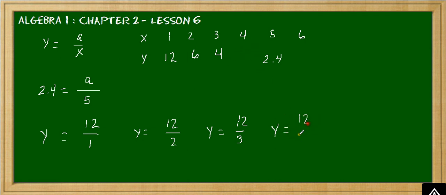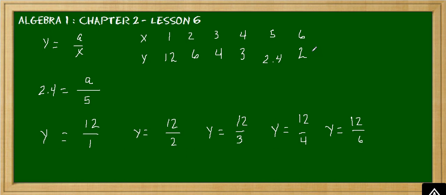So we have 12 divided by 4, which is 3. And the last one, y is equal to 12 divided by 6, which is 2. So we're able to fill out the rest of our table after we determine what the a value is.